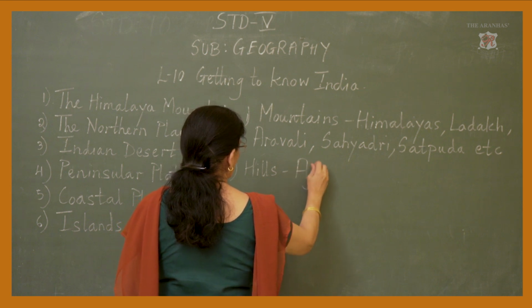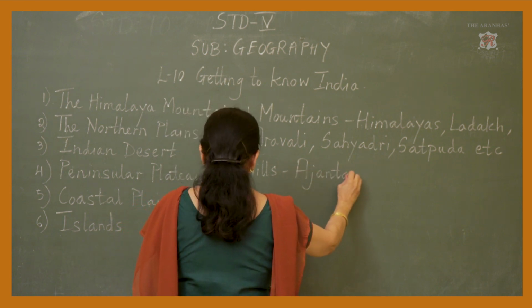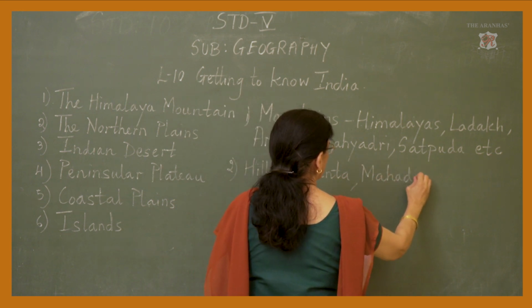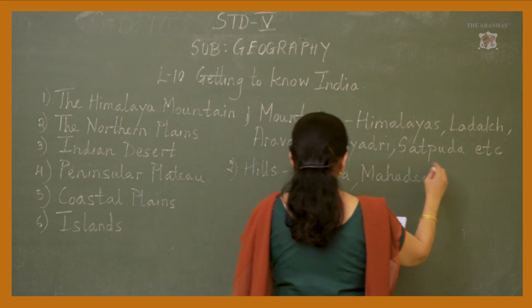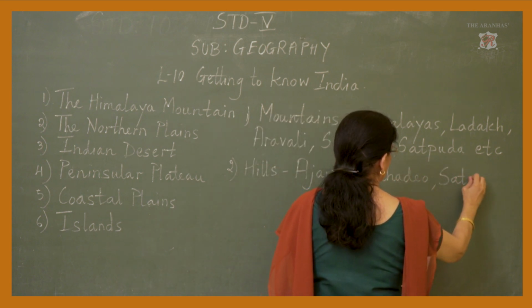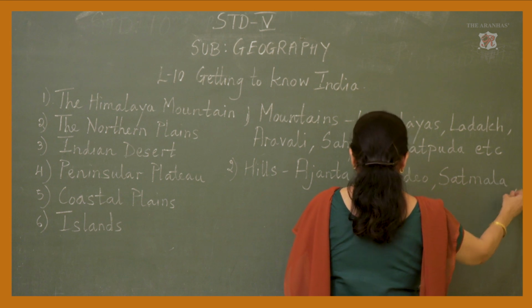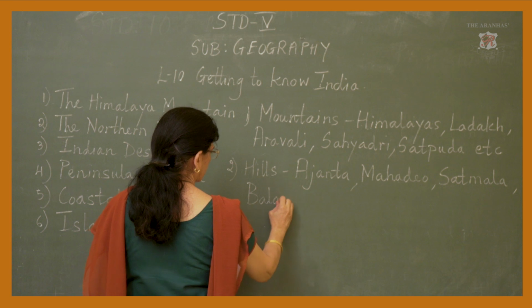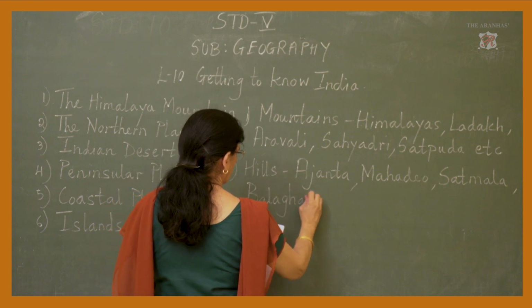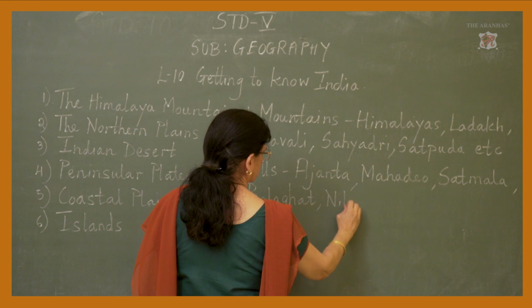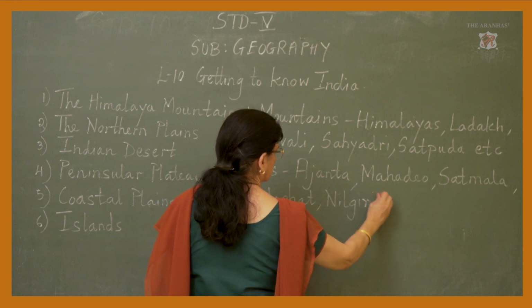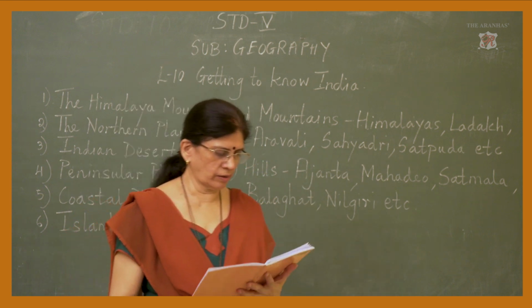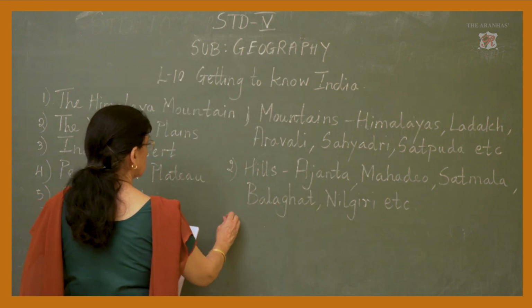We have Ajanta, Mahadev, Satmara, Balaghat, Nilgiri. These are the hills found in India. Then which are the plateaus?